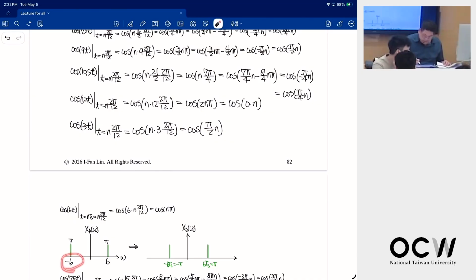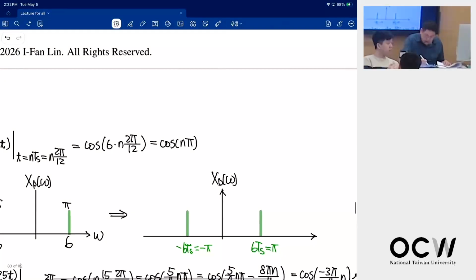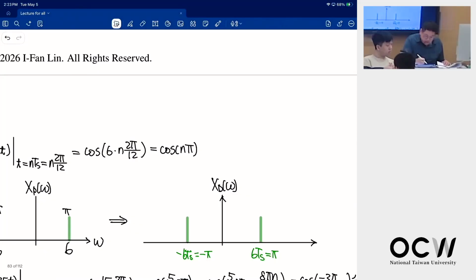Here is minus pi, and here is pi. Remember, the discrete time Fourier transform is periodic with period 2 pi, so they will continue.